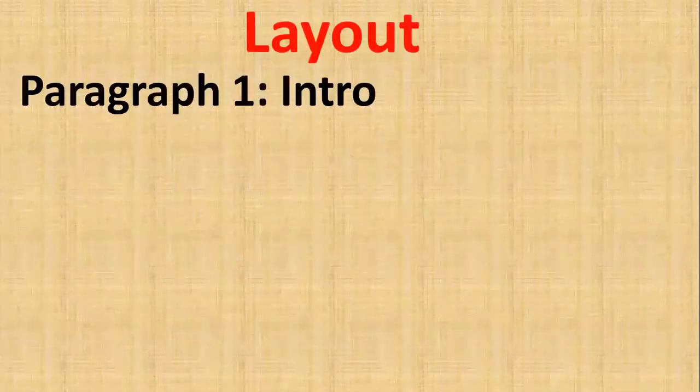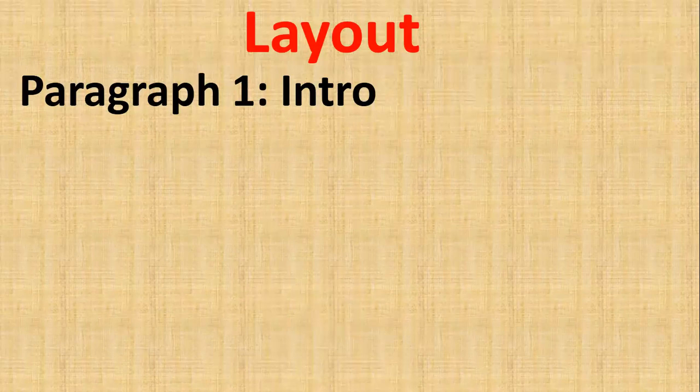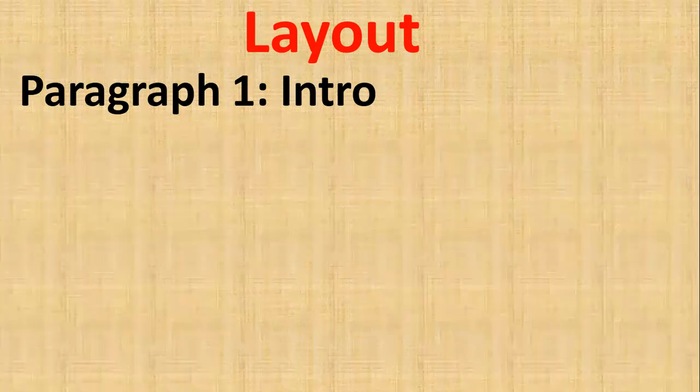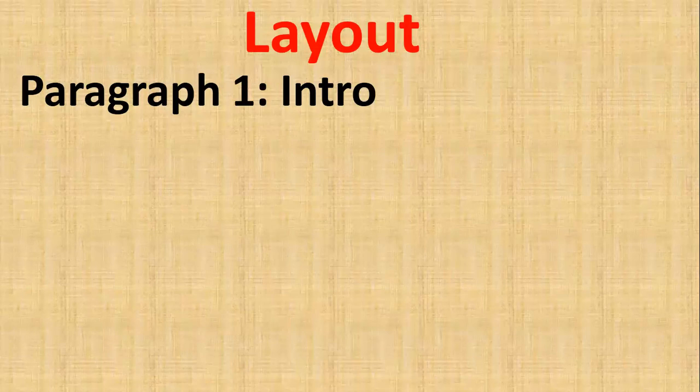So here, as I told you, we need to focus on the layout, the format, of your writing. Your writing should appear in front of the eye of your examiner, of your reader, according to this layout. You have to write in paragraphs. This is taken for granted, but we need to remind ourselves of what we should do in writing a for and against essay, or advantages and disadvantages essay.